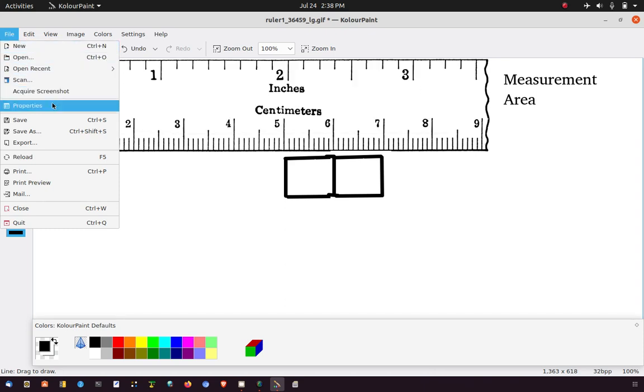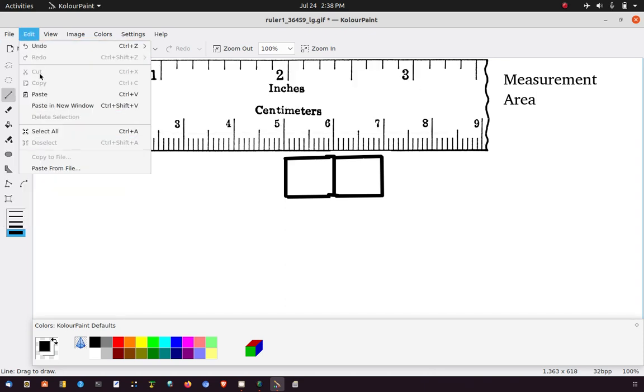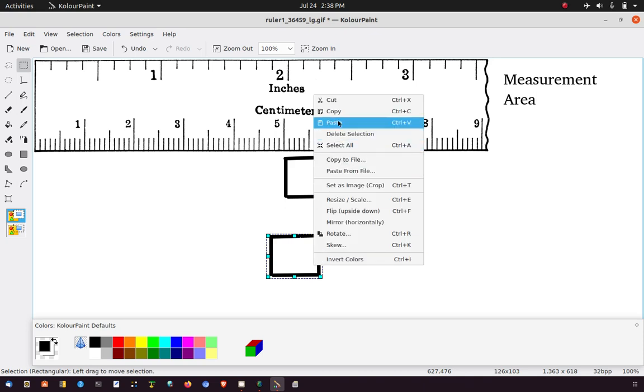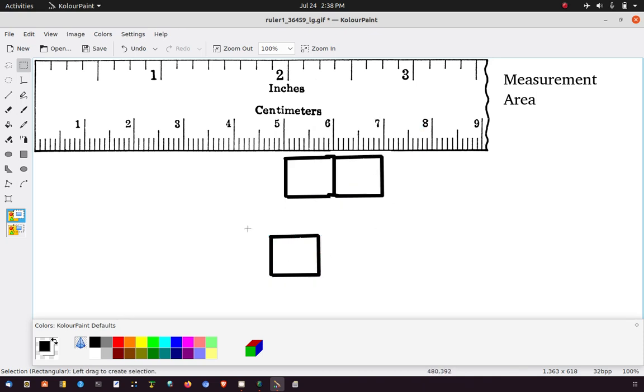Now let me paste again, and I have my square here. Let me copy this one and move it right here.